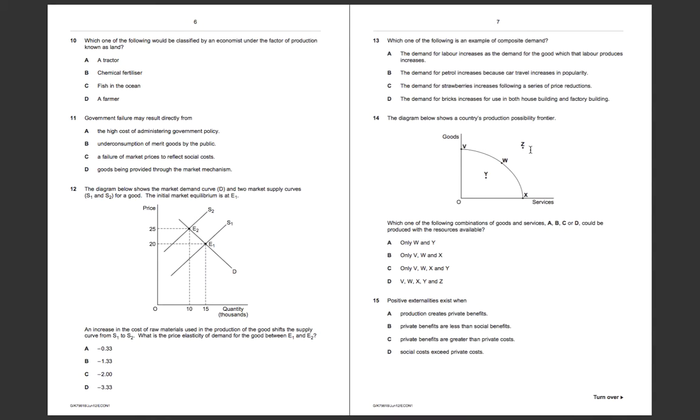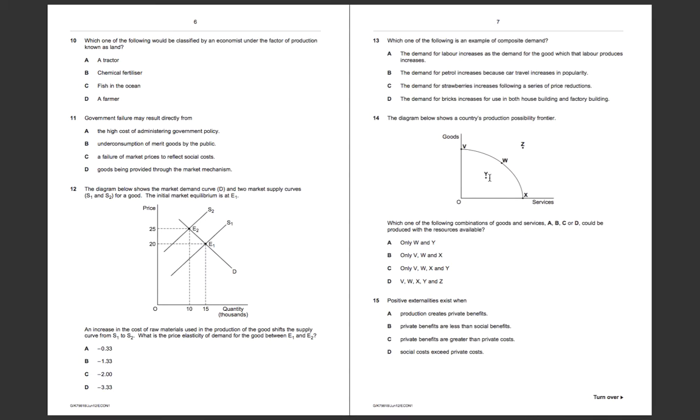So with that in mind, C has to be the correct answer. The question is about which combination of goods and services could be produced with the resources available. W and Y could be, but so could V and X. All the points on or within the curve can be produced. So therefore C is the correct answer.